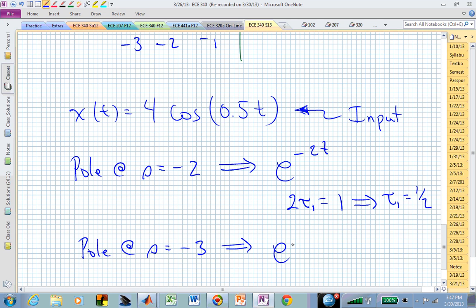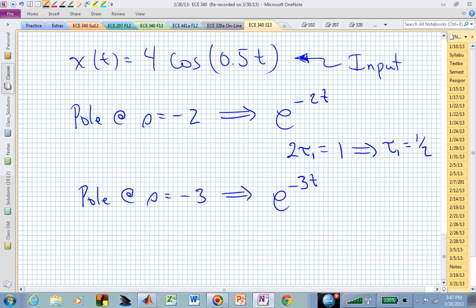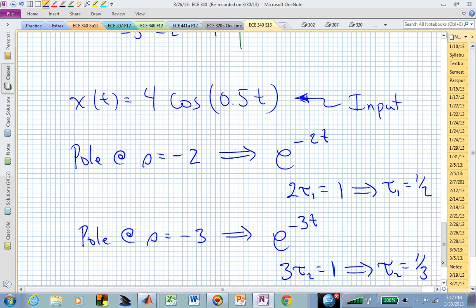we now have a mode in our response, the total response, that has a characteristic shape of e to the -3t. We could now say that its time constant is such that the exponent 3t, which will replace t with tau, and say 3 tau sub 2 equals 1, that occurs when tau sub 2 is equal to 1/3.